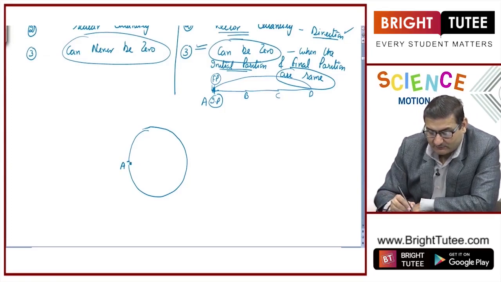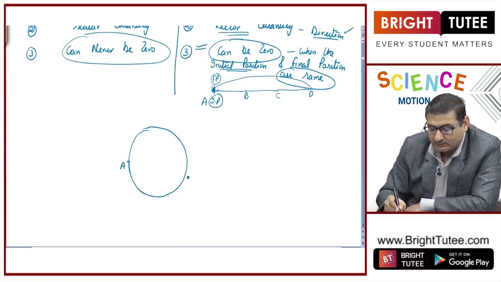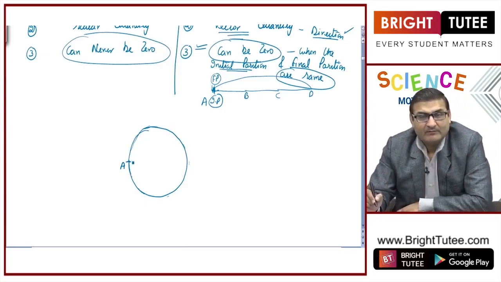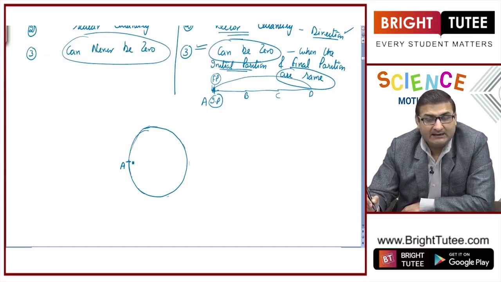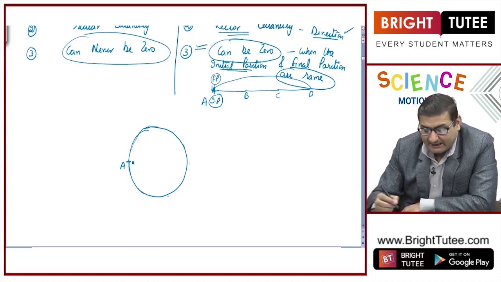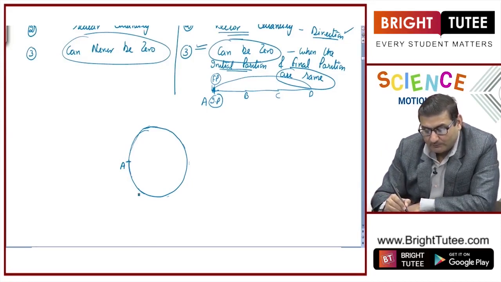I will start walking or jogging or running along this circular path. And by completing one whole round, I came back to point A. I am panting, I am breathless, I have done a lot of work, I have had a lot of sweat. Fine. I have covered the whole path.